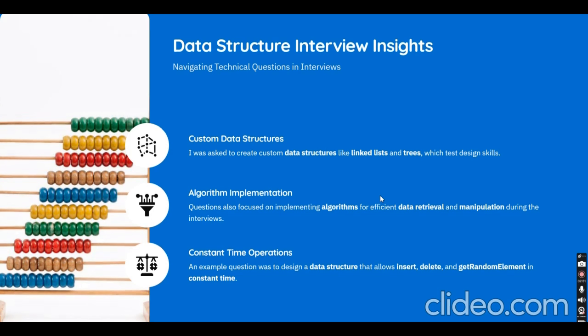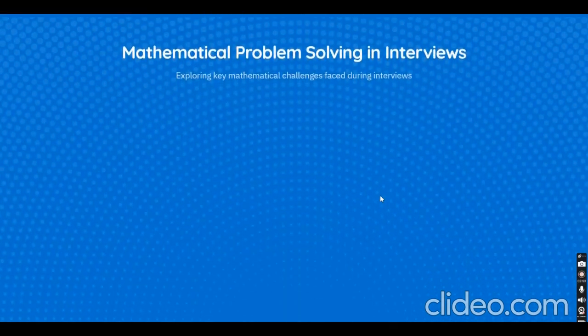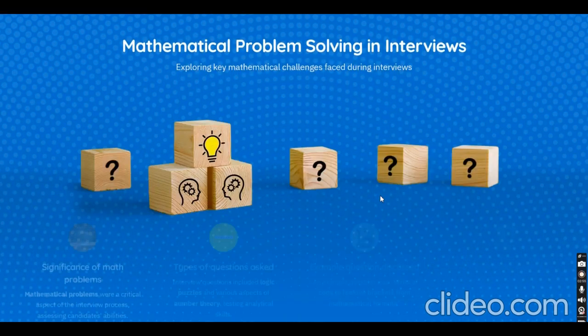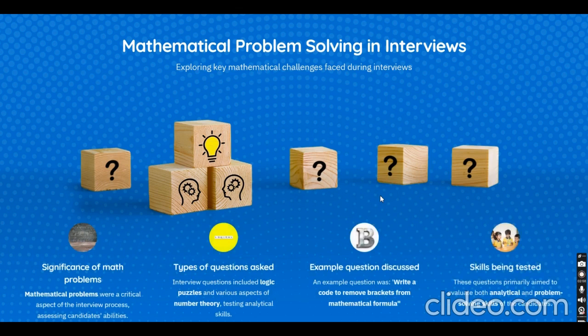This question was more of a mathematical problem, where we were given a mathematical formula, for example a plus b minus c d and so on. In that formula we had some brackets also.